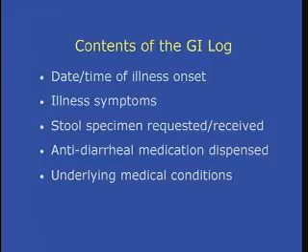Stool specimens, whether they were requested and whether the specimens were received, whether any antidiarrheal medication was dispensed to control the illness, and whether there are any underlying medical conditions that may cause the doctor not to count the individual as a case of reported GI illness. Examples include irritable bowel syndrome and other conditions that may mimic GI illness.